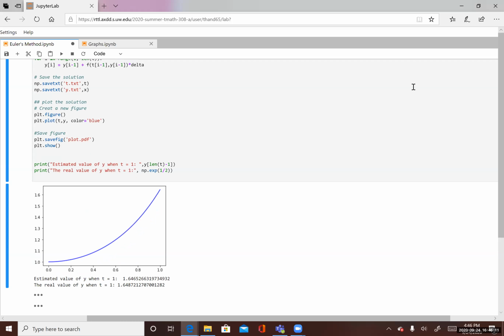You see the curve is much smoother, right? And also the estimated value is very close to the true value, with only 0.002 difference. So as you can see, the smaller the step size, the better the estimation that we're going to get.